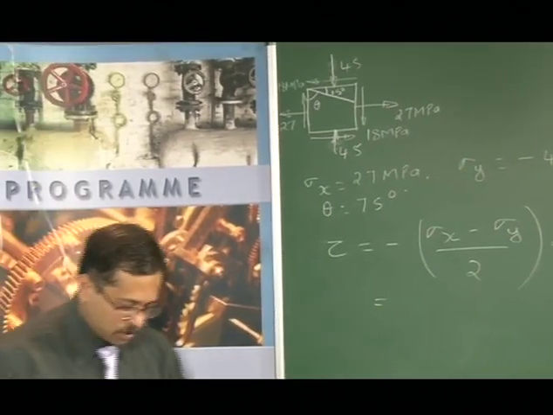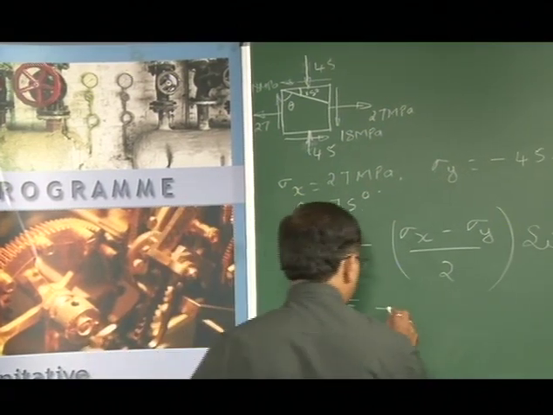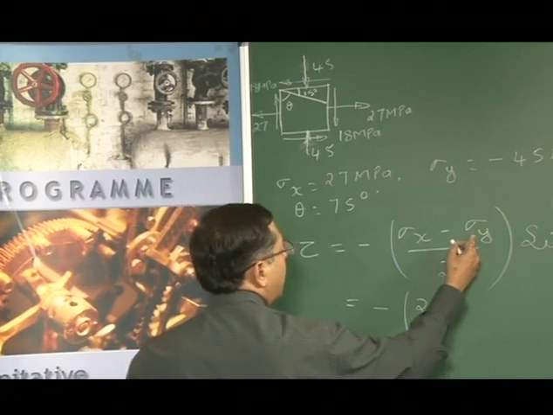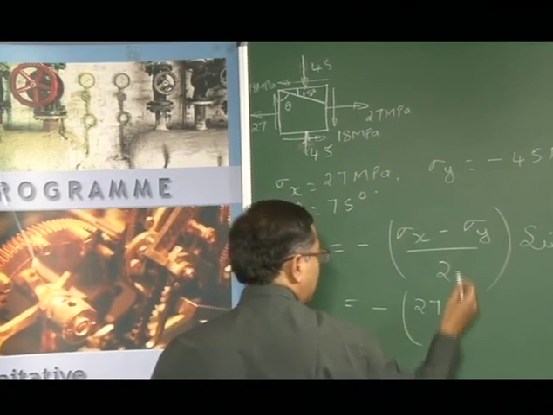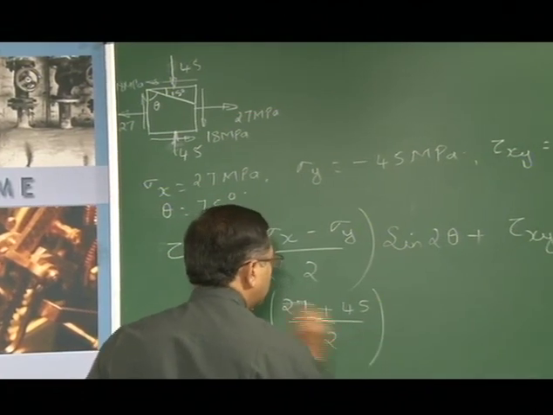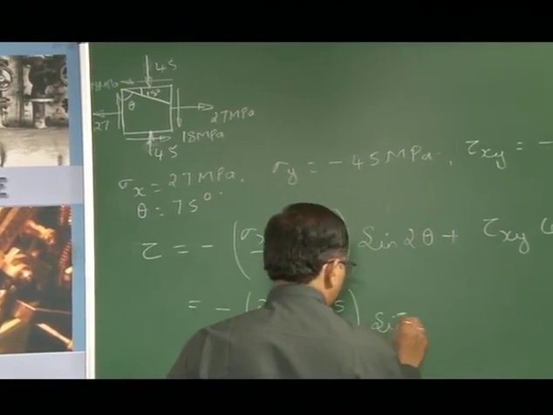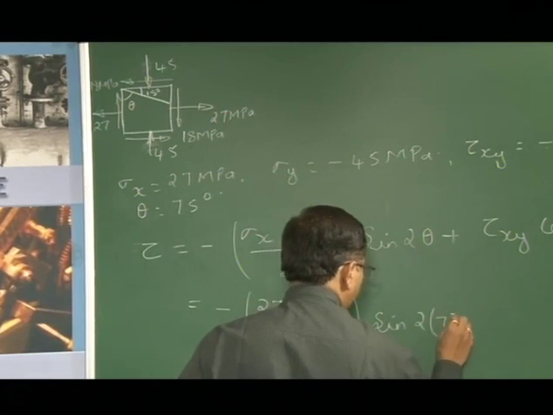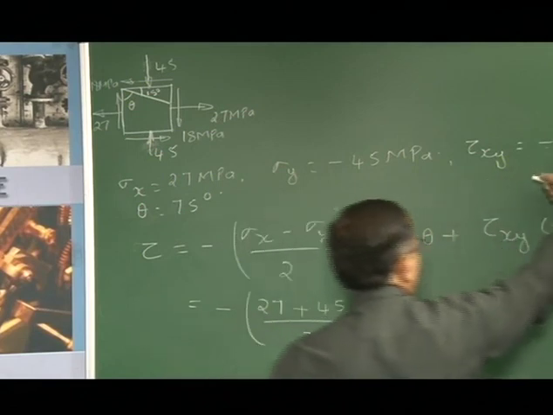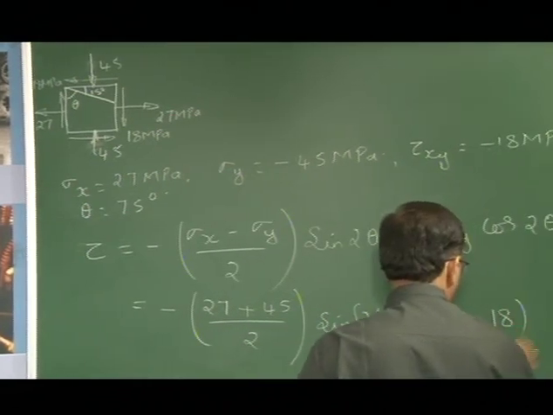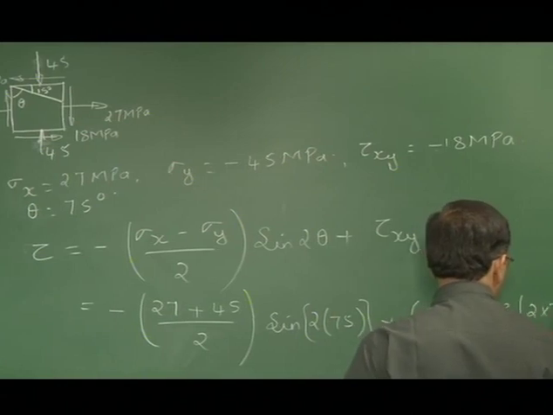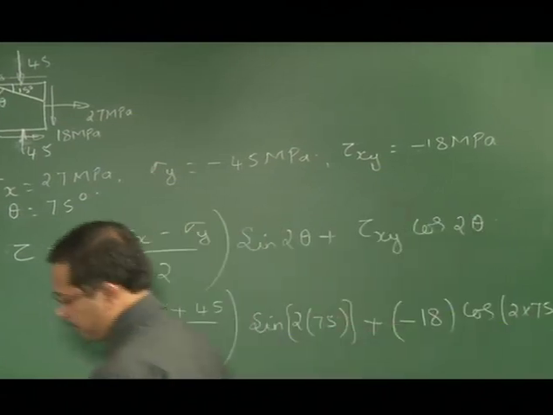When I substitute that, I get minus, sigma x is 27, it is positive, sigma y is negative, and there is a negative sign here, so this becomes plus 45, divided by 2, into sin 2 theta, which is 75, plus tau xy, which is negative, so minus 18 into cos 2 into 75. This is the equation that we get.